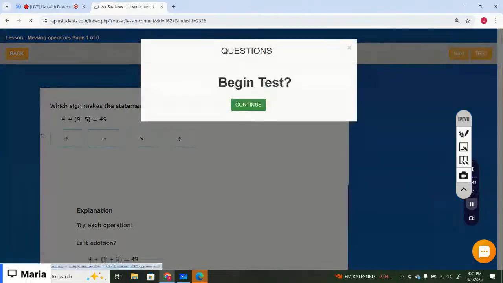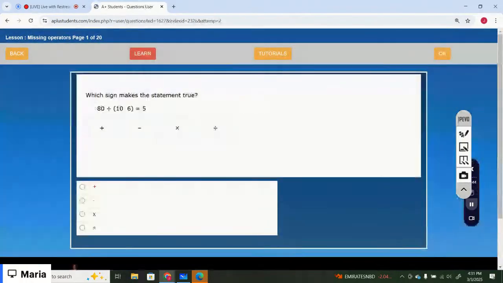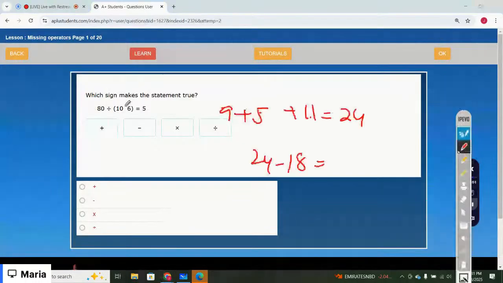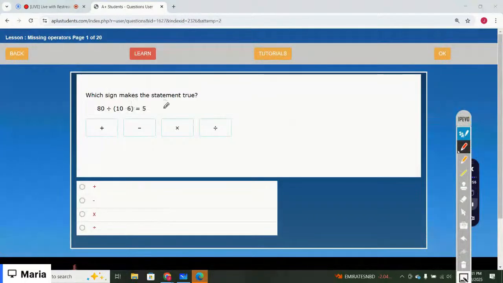Let's just start with the test questions. Which sign makes the statement true? 80 divided by what number is 5?